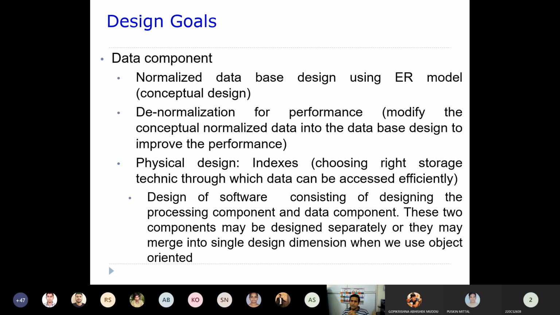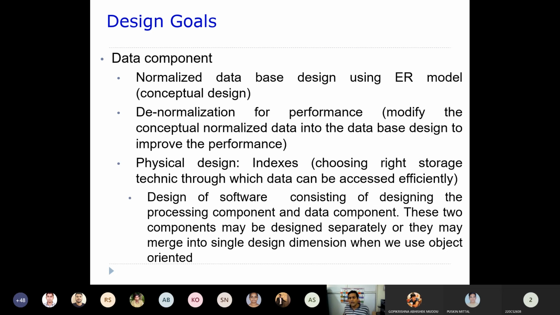It's object based, object oriented. In that case, you will have a certain number of objects, so you need to identify what the objects and entities are, and how these entities are related to each other. That is what exactly we do in conceptual design, right? That is what needs to be done as part of any data component.